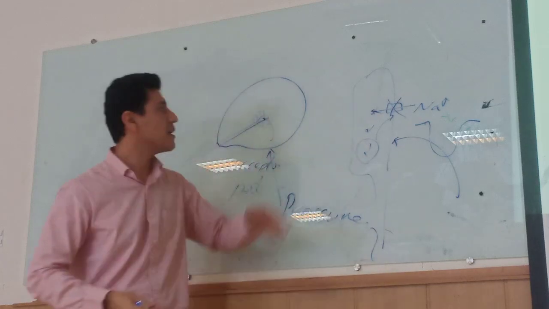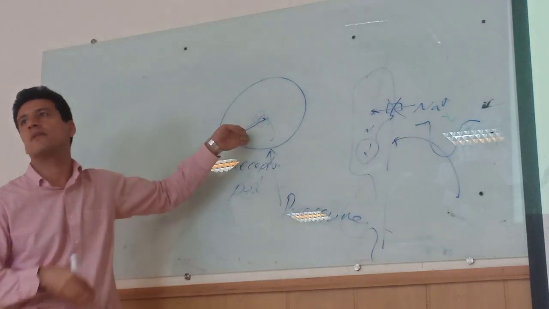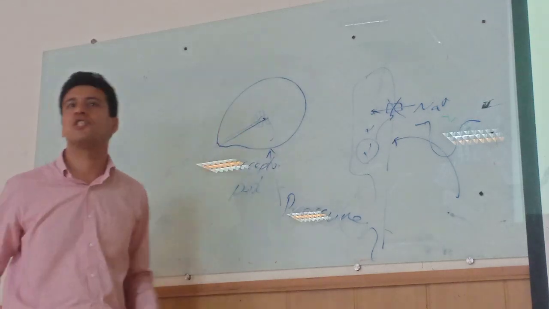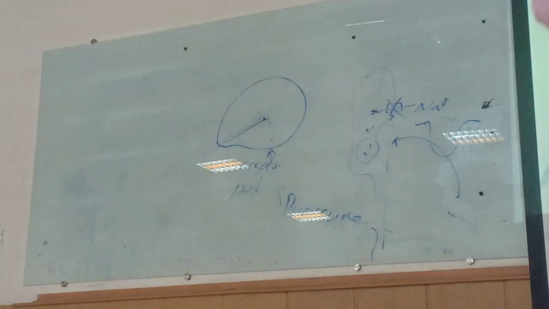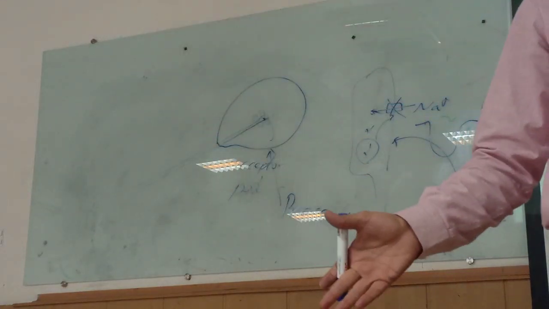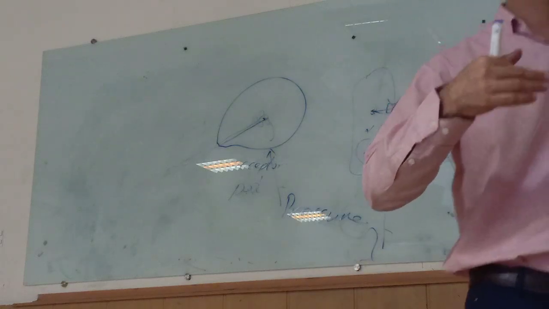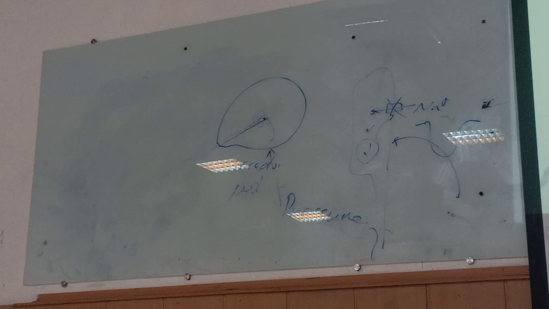So you can see that the mechanism in a rod is different from the mechanism of receptor potential, for example, in the Pacinian corpuscle. So every receptor cell has its own way of generating receptor potential. Receptor potential then is converted to action potential.